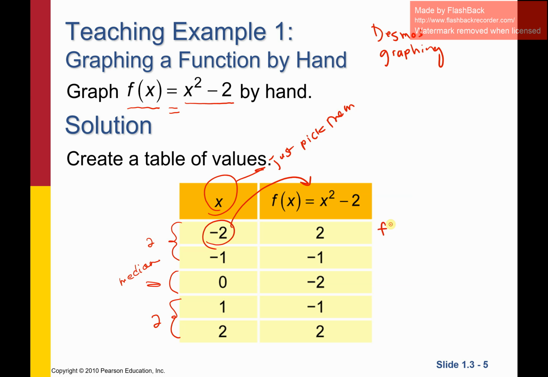And so this is f of negative 2, and it's equal to negative 2 squared minus 2. And this becomes negative 2 squared is 4 minus 2, which is 2. And this is how they get this value right here. Okay? And then you do that again for negative 1, 0, 1, and 2, right?